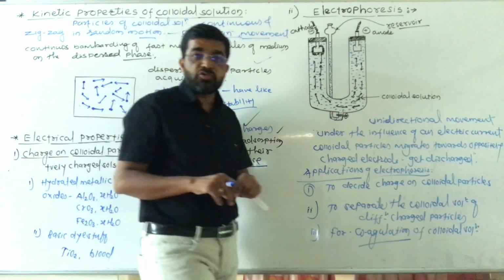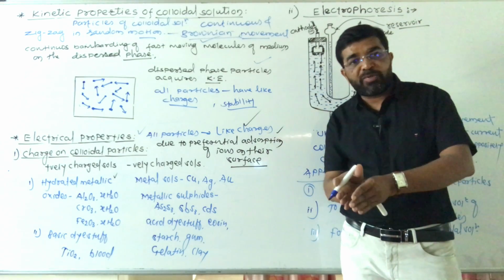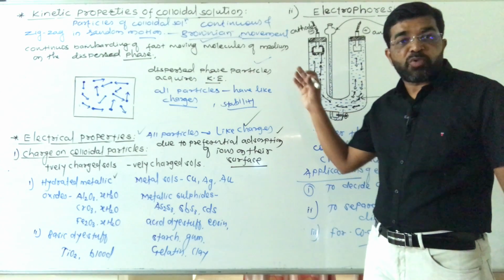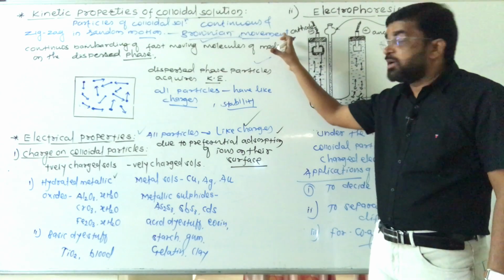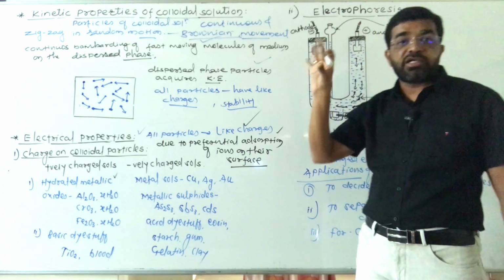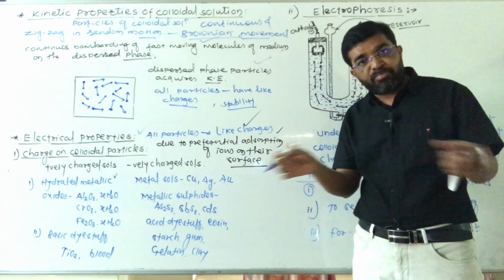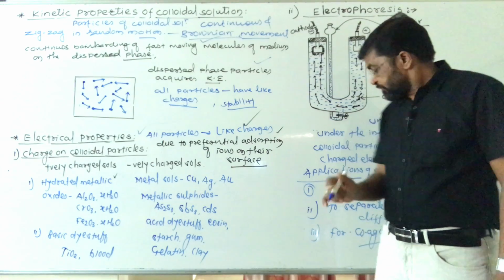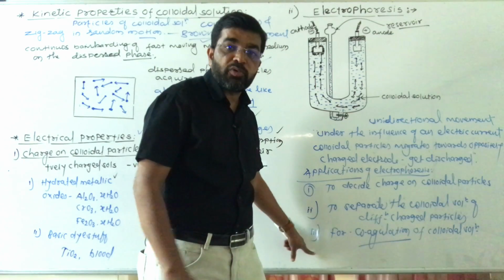If there are two colloidal solutions with different charges, that is, one positive and one negative, and there is a mixture of them, then we can separate them, because positively charged colloidal particles migrate towards the negatively charged electrode and negatively charged colloidal particles will migrate towards the positively charged electrode, so the particles will be separated. And one more application is for coagulation of colloidal solution.